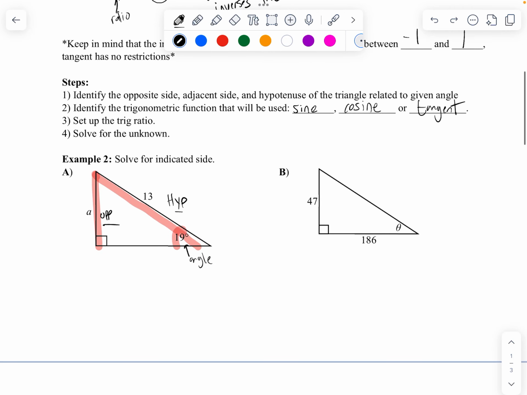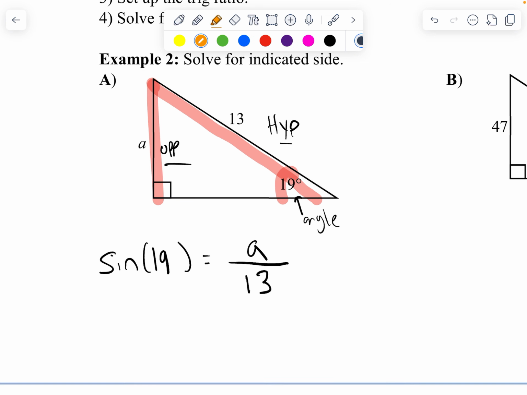And then you literally create that ratio. You say sine of your angle equals the ratio. Well, our angle is 19. Our ratio is opposite over hypotenuse, a over 13. And then once that's set up, your goal is to find your only unknown, which is a in this case. That's our variable. So our goal is a equals.